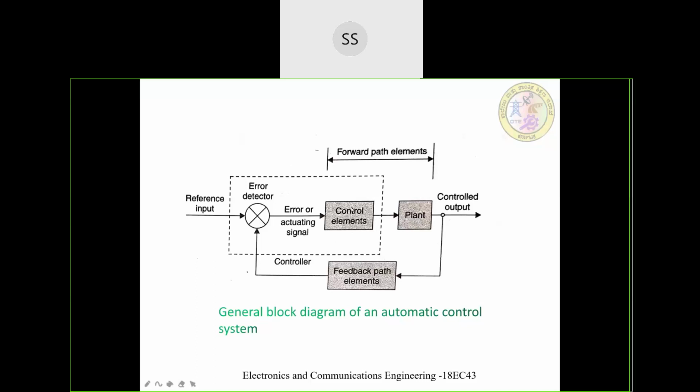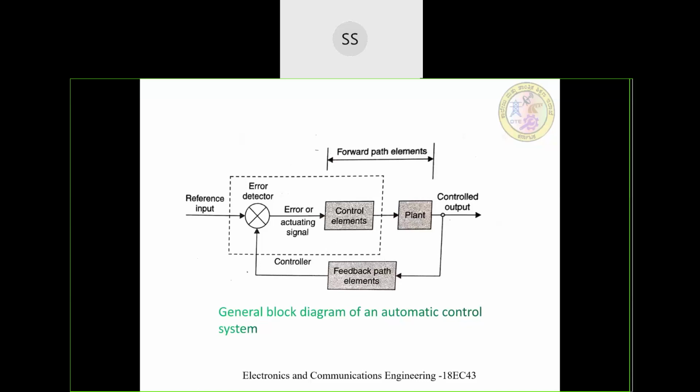Now all these things, that is the control element, plant and controlled output, are part of the forward path elements. The feedback path element is, of course, in the feedback section. The error detector and the control element are known as the controller. Whatever difference we generate by comparing with the reference input is called the error signal, or it is also known as the actuating signal.